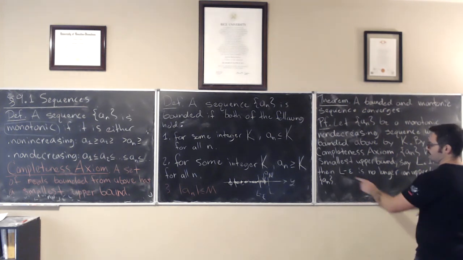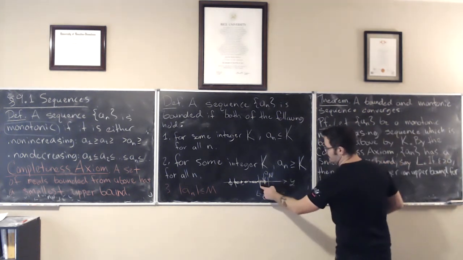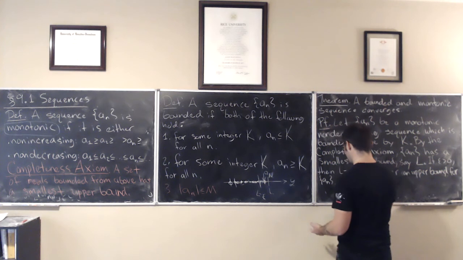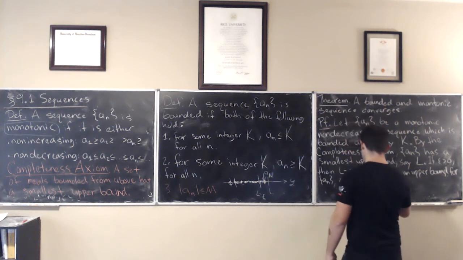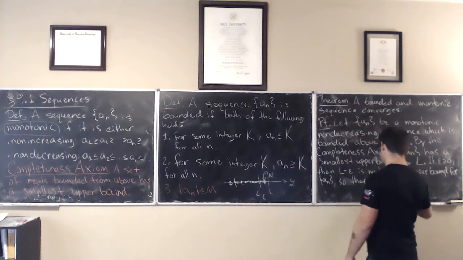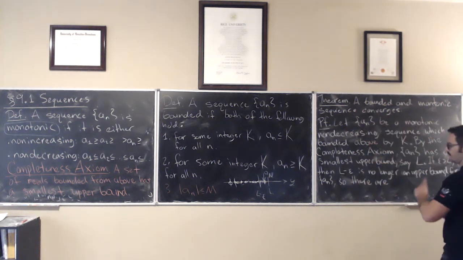So what do we have? L minus epsilon is no longer an upper bound. I'm just writing out the definition of not being an upper bound first.